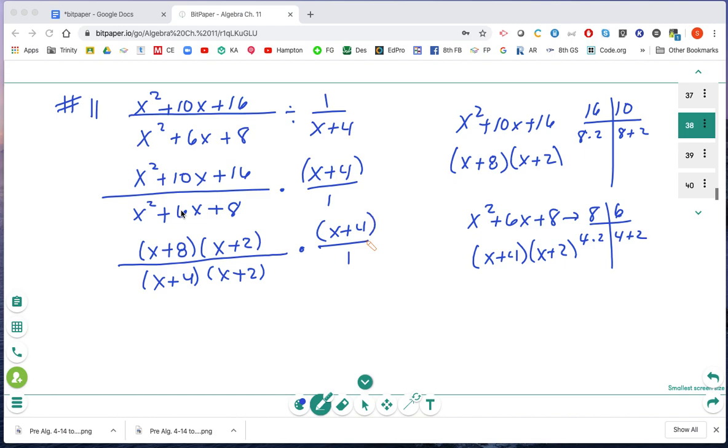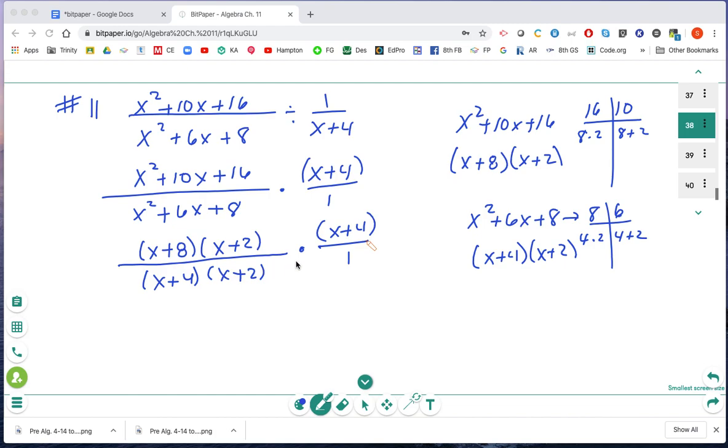Now, our next step is to reduce or cancel out. We don't have any numbers that we can just reduce with fractions like we did on the other one. But we do have some matching parentheses. As long as the parentheses match identically to one in the denominator, we can cancel it out.